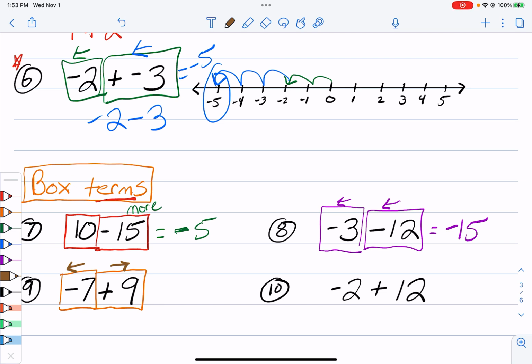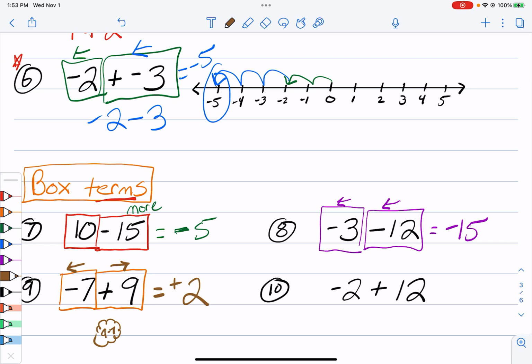So did we go to the left more or did we go to the right more? We went to the right more, which means this is going to be a positive answer because we went further to the right. So how much further did we go? So in our brain, we're thinking, well, what's 9 minus 7? And that's a 2. When we find the difference, we figure out how much larger one of the numbers is than the other.